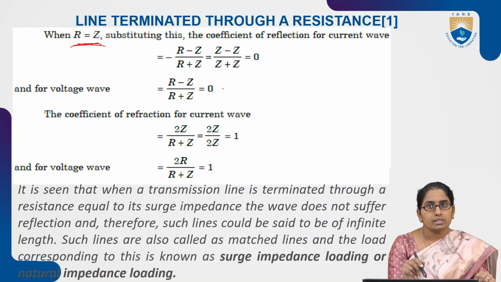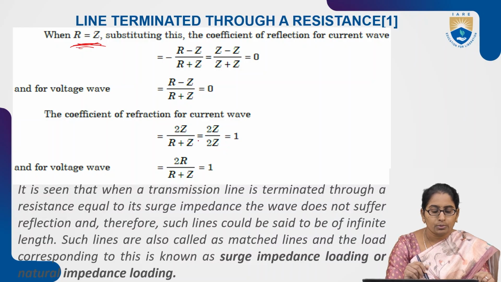So what does this mean? The coefficient of reflection for the current wave is 0 and for the voltage wave also 0, when the resistance value is equal to the natural impedance. Now, what is the coefficient of refraction? It maintains the same value because reflection became 0 for both voltage and current, so the magnitude of the total voltage is not going to change.